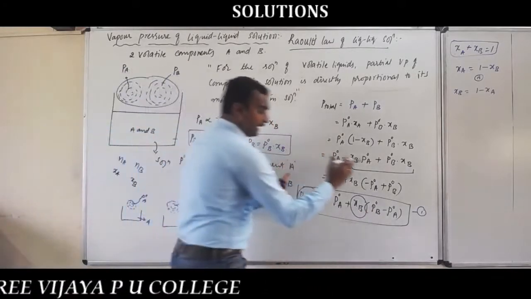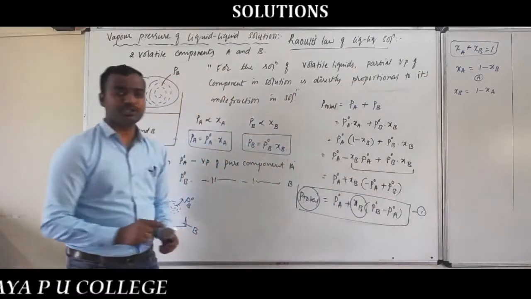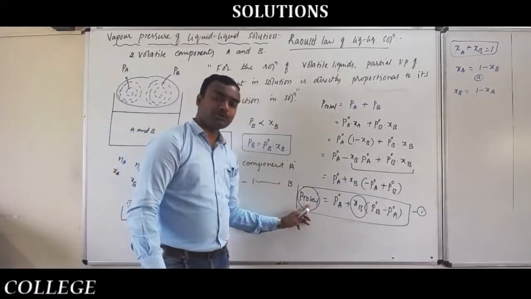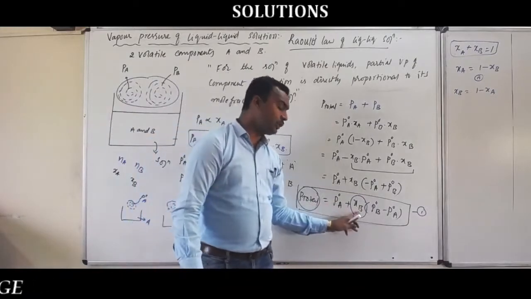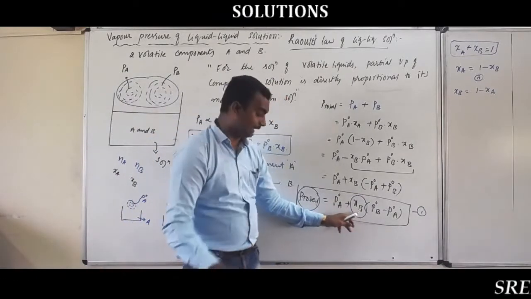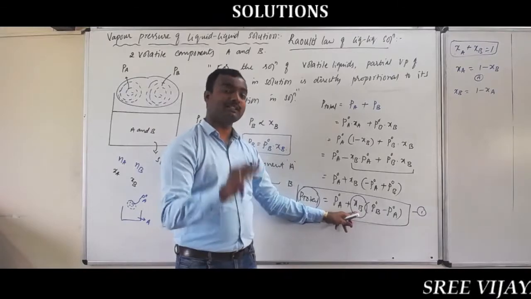So from equation 1 you can get two conclusions. One conclusion is that the total pressure of the solution is related to the mole fraction of any one of the components. We took XB, but it works for XA as well.